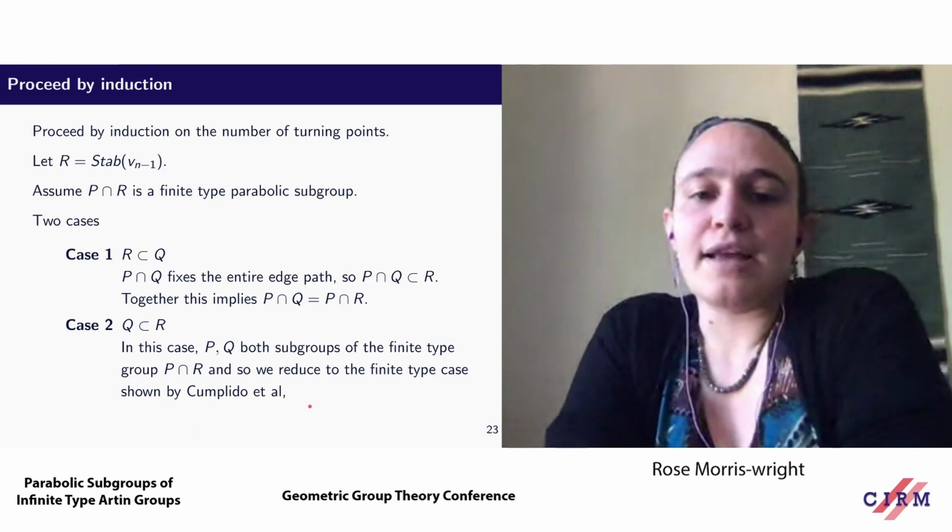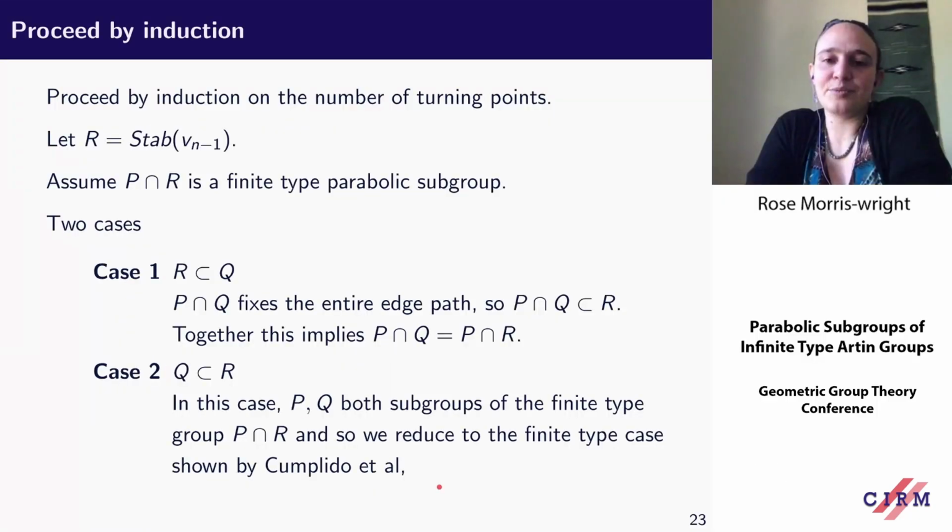So I hope that's the end of this proof. I hope you learned something from it. I think it's a very interesting, simple argument, and a good example of the kinds of arguments that you can make using this Deligne complex and how to extend an argument about a finite type group to an FC type group.